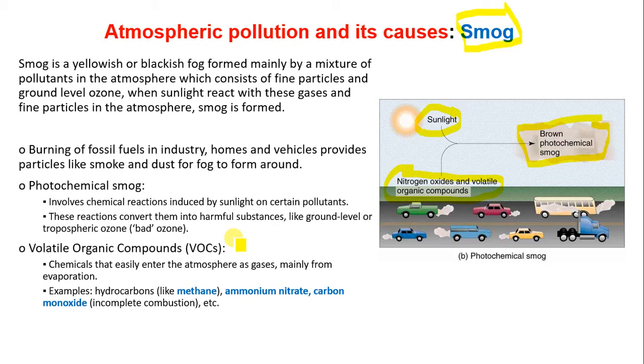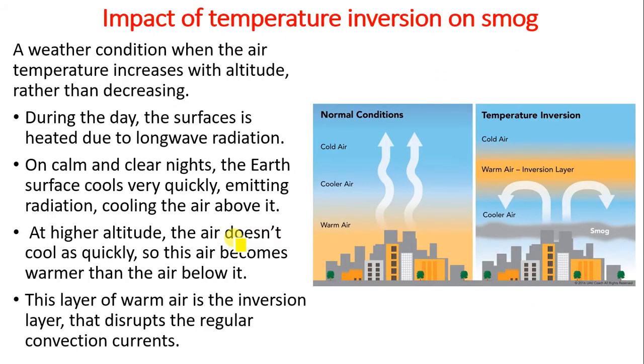Now, we'll look at how it's actually a hazard. This ground level ozone normally leads to what is known as temperature inversion. In normal conditions, after the sun has hit the Earth's surface, it's expected that at night the Earth will lose the heat that has been absorbed as infrared radiation, or long wave radiation, back to the atmosphere.